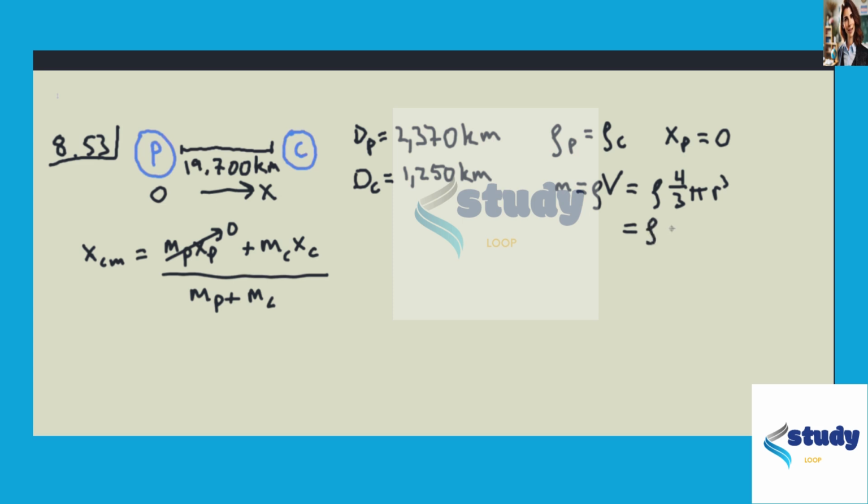And that works out to be, let's put them in a nicer looking order, 1/6 pi rho diameter cubed.